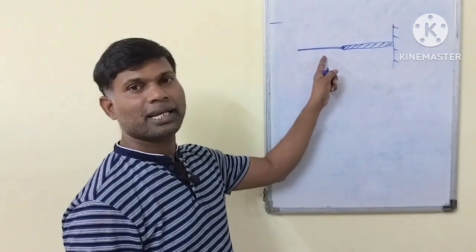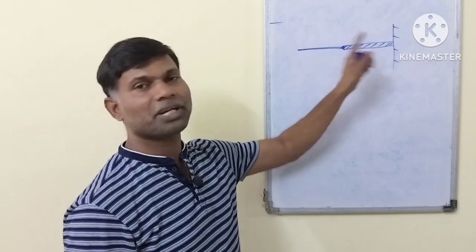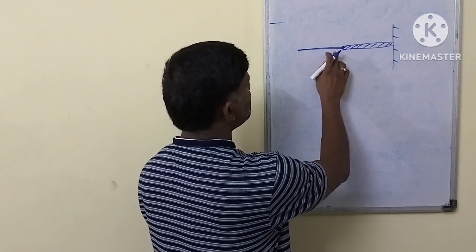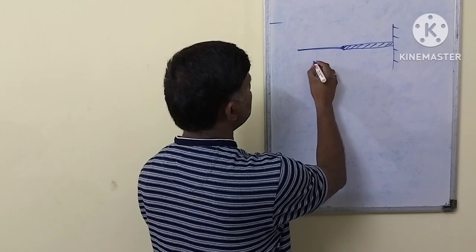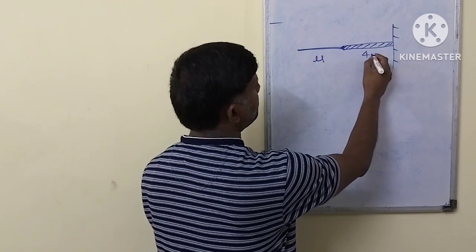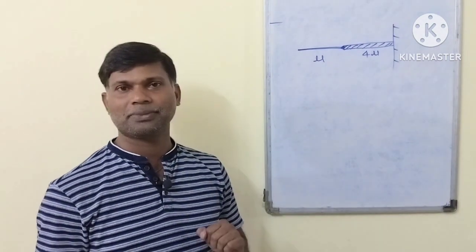Lighter string means the mass per unit length of string 1 is less compared to the mass per unit length of string 2. Suppose the mass per unit length for string 1 is mu, and for this one it is 4 mu, 4 times string 1.